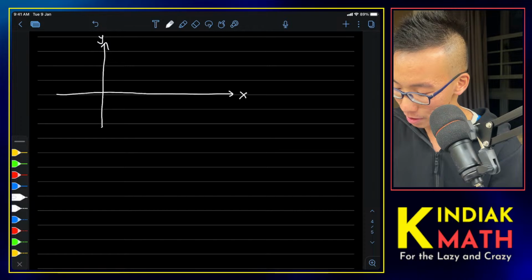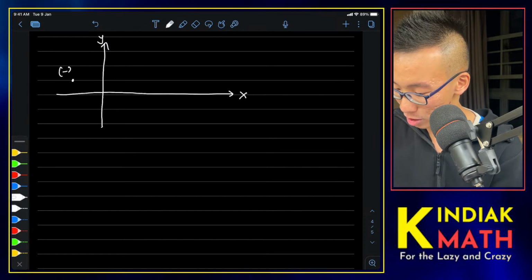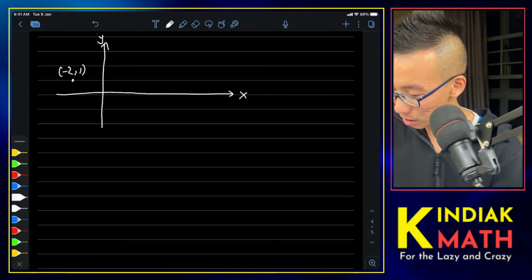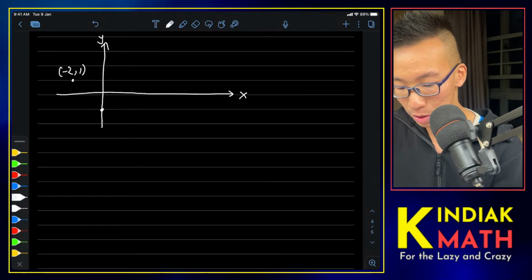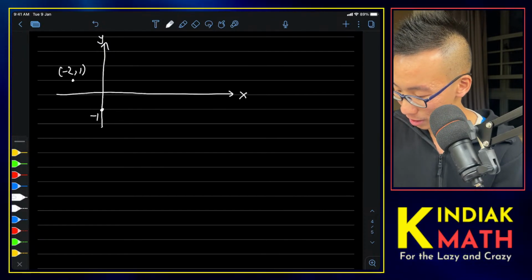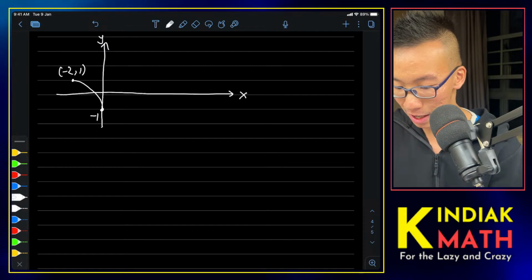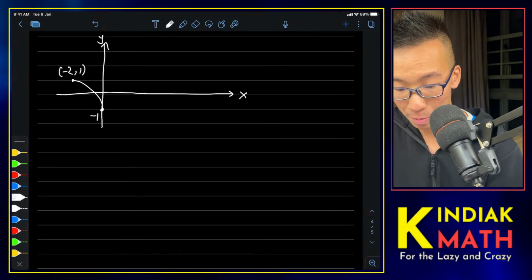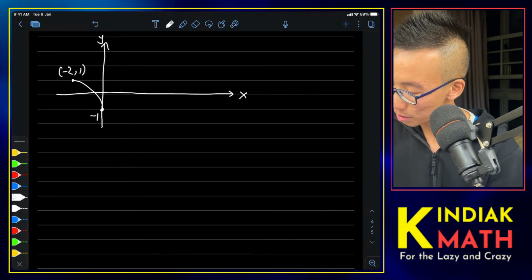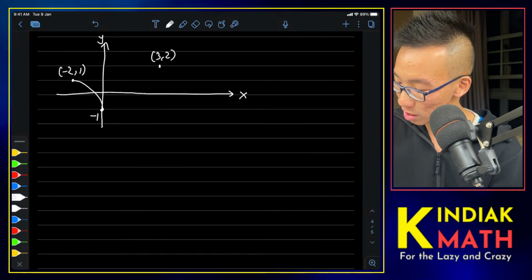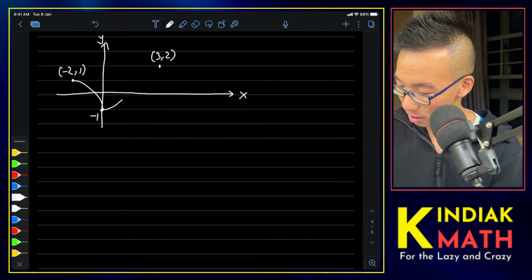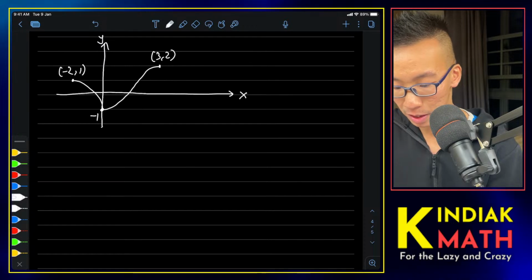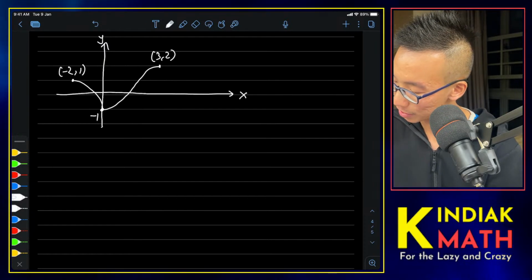So what we have here, it starts at the point -2, 1. It goes down to -1, like this. And then it will go up to 3, 2, like this. It will go down to 5, -2.